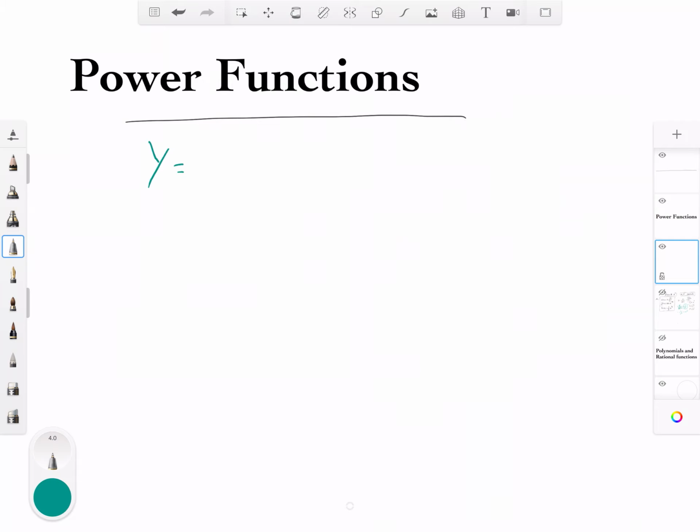y equals 3 times, in parentheses, 2 over 5 radical 7x, all to the power of 4. In this example, I'm telling you that this is a power function. You need to tell me what k is and what the value of p is.